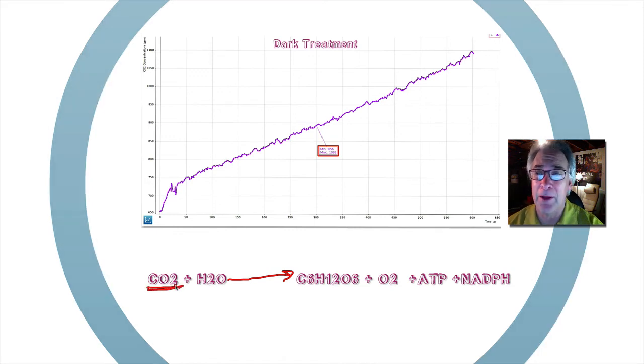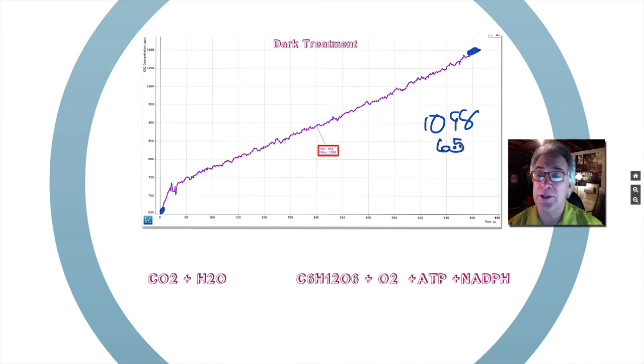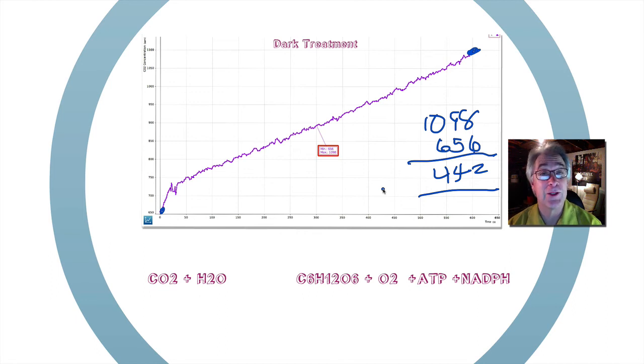Maybe it drops a little bit, but to actually have it go up quite a bit, that was something that wasn't really expected. So in this case, the final level was 1,098 parts per million. And then over here, the initial was 656. You get an increase of 442 parts per million. So something else was really going on.